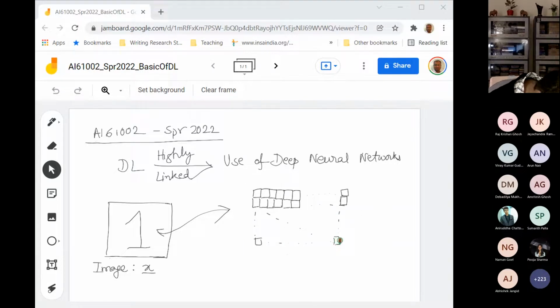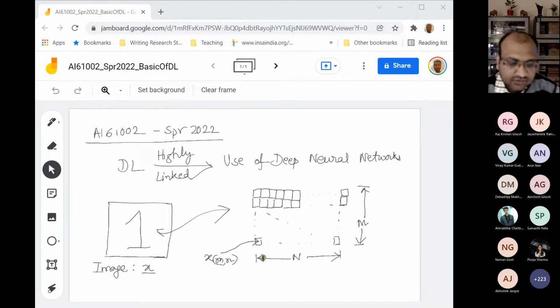Okay, and say that each of these has a certain value, which is x of m comma n, in this particular figure, and say that in this particular matrix which I represent, there are m number of rows and n number of columns present over here.